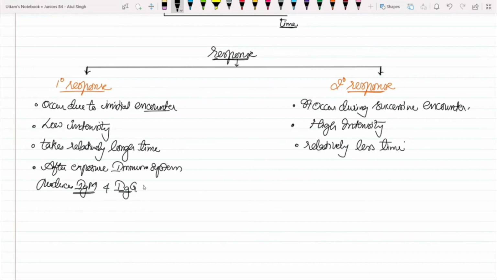Because of the production of this, there is a formation of memory cells. The specific B and T cells form memory cells.